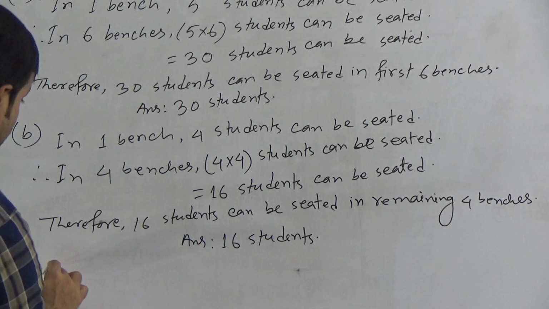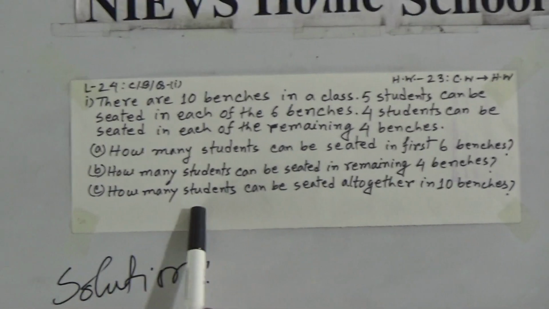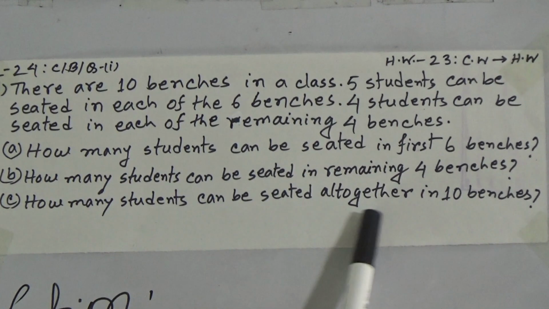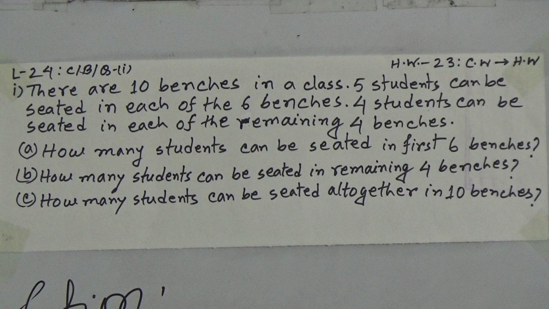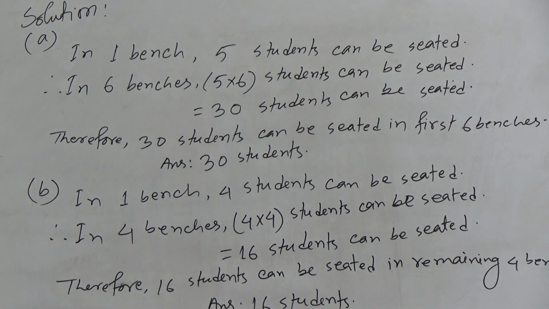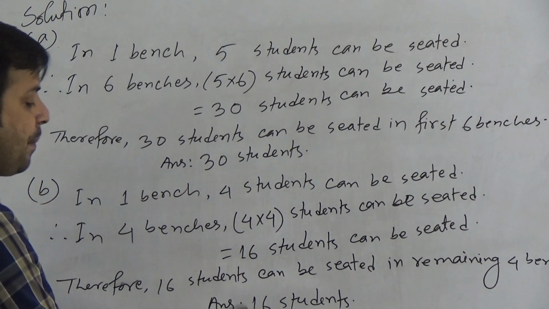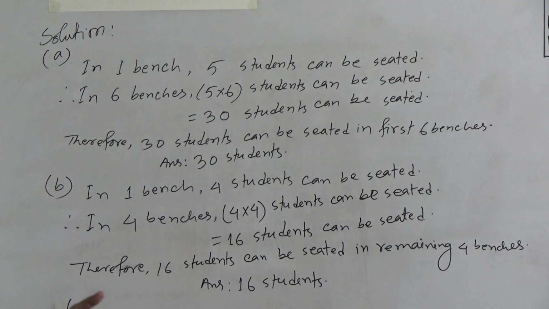Now I will solve question C. What is question C? Dear students, now see, how many students can be seated all together in 10 benches. It means that here from A we know 30 students can be seated in first 6 benches, and from B, 16 students can be seated in 4 benches.